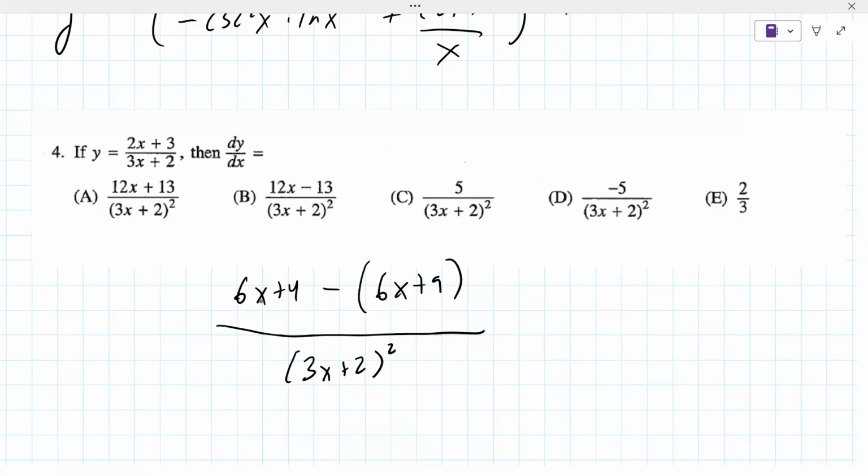So now you have to simplify the top. Is it C? No, it's negative 5, so D.